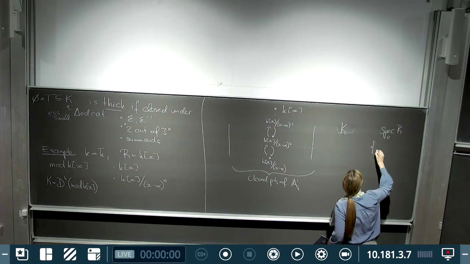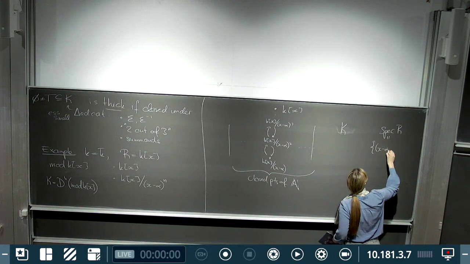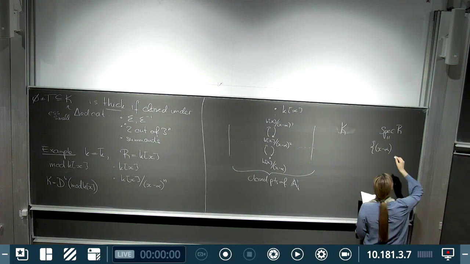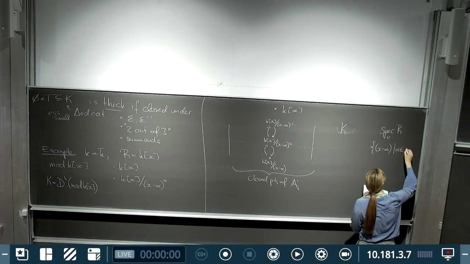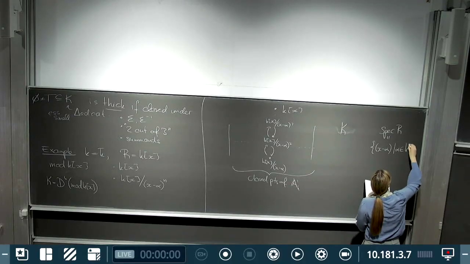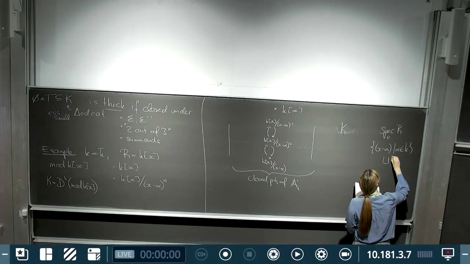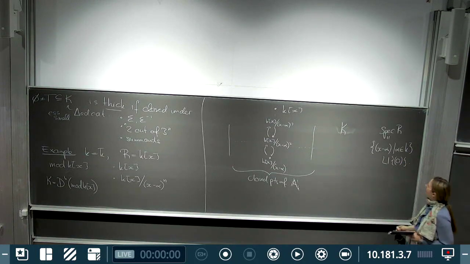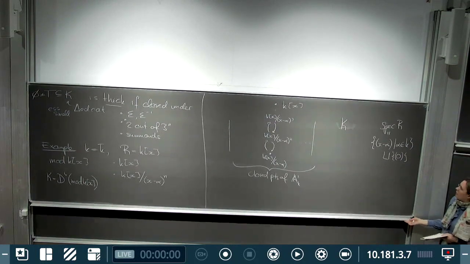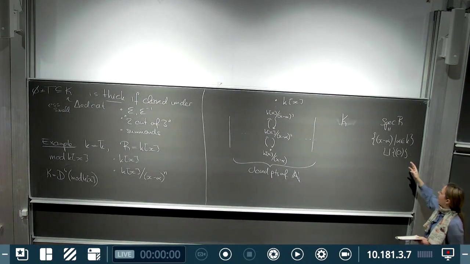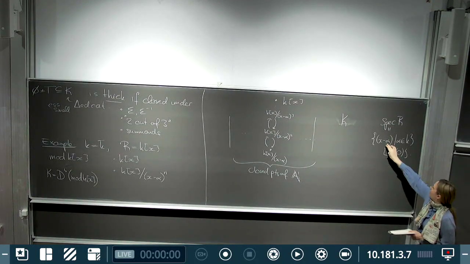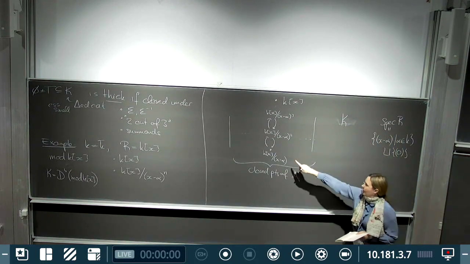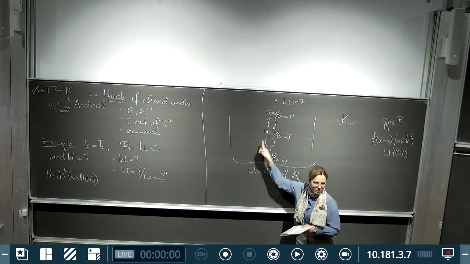So what is the spectrum of R? This is just all the x minus alphas, the maximal ideals here, and 0, the zero ideal. So that's spec of R. And somehow we see already this is not so bad because each of those closed points in spec of R actually gives us one of these tubes.